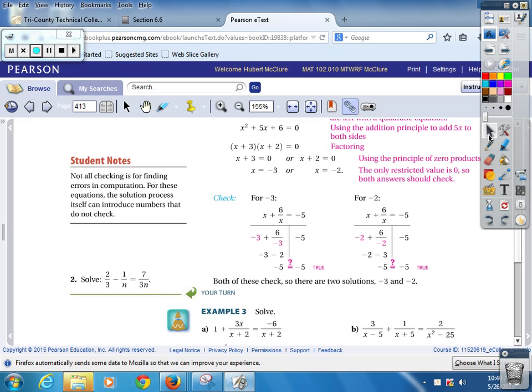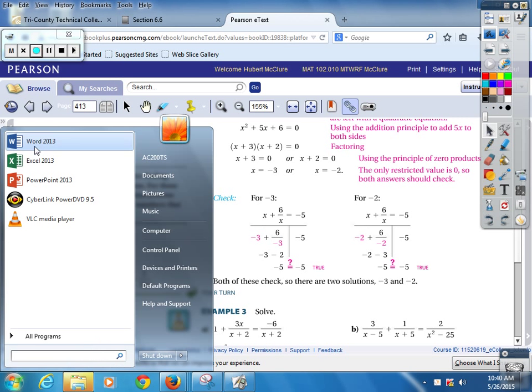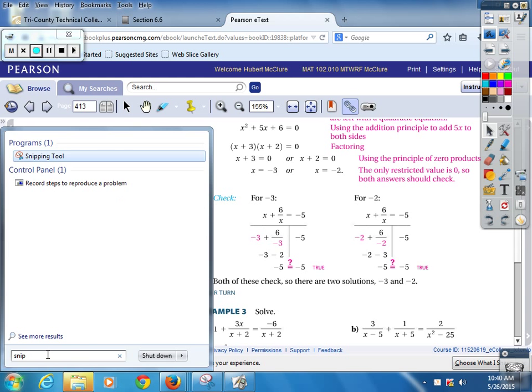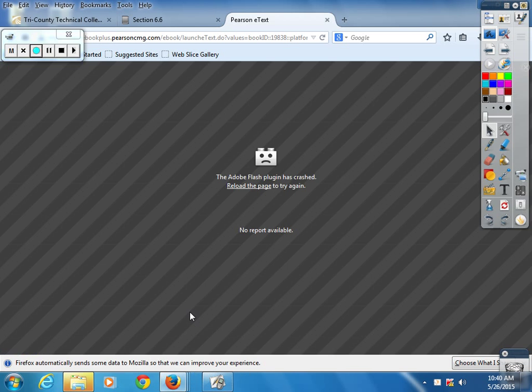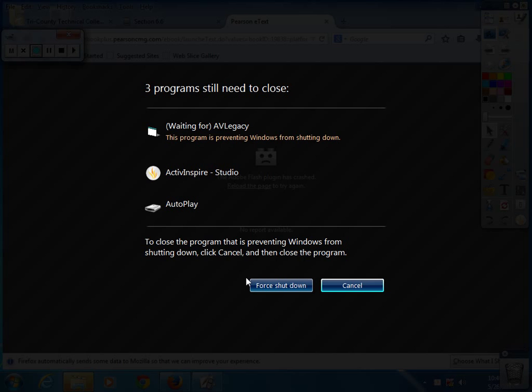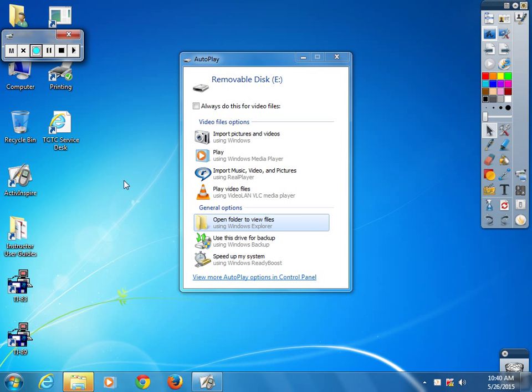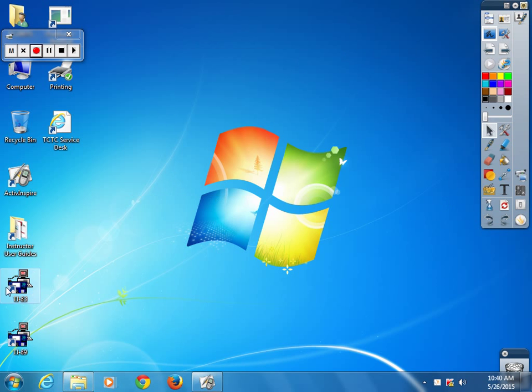I don't like the word snip. Let's see. Snip. Don't Google it. Huh? You might not like what you see. What happened? Did I hit something? Shut it down. Shut it down. How did I do that? Okay.